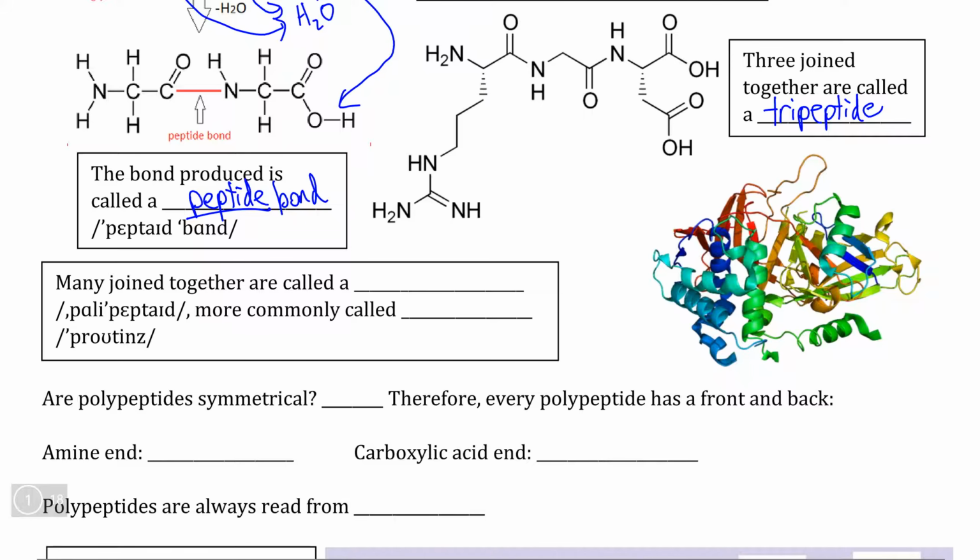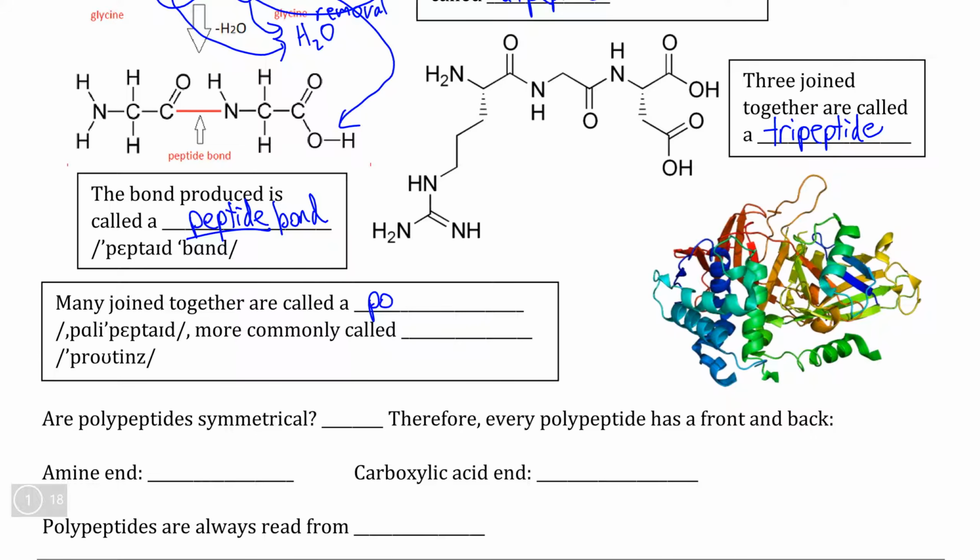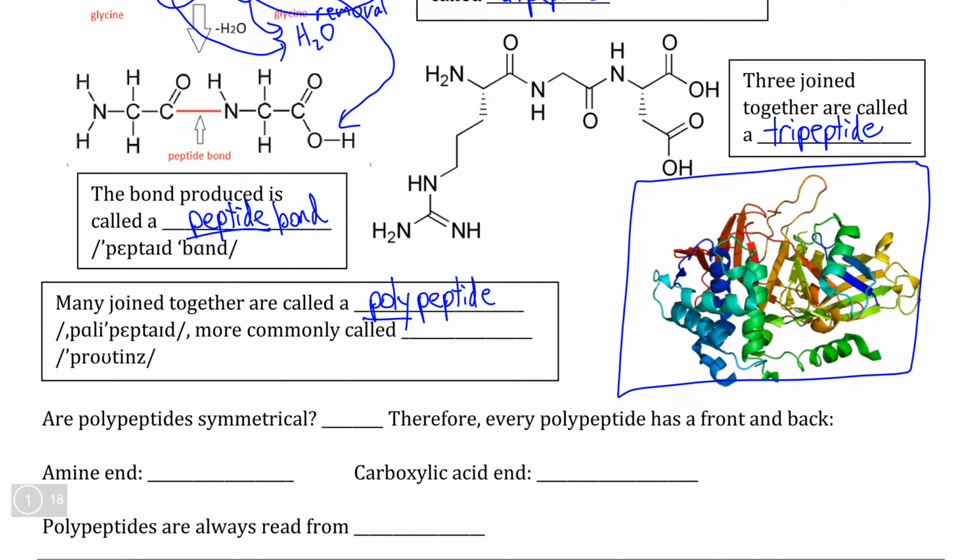Now, if we continue this reaction indefinitely, hundreds, thousands, or even hundreds of thousands of times, we would end up with a structure that we call a polypeptide, meaning we have many monopeptides that are joined together, and when these are folded into specific structures that each have a very specific function within an organism, we can now call this type of structure a protein. But the actual process of forming a protein is something that we'll look at in subsequent videos.